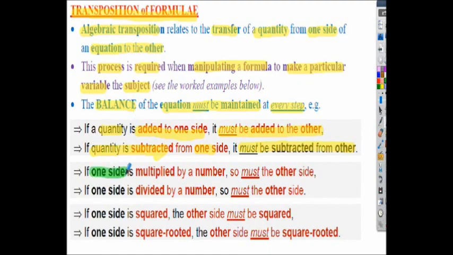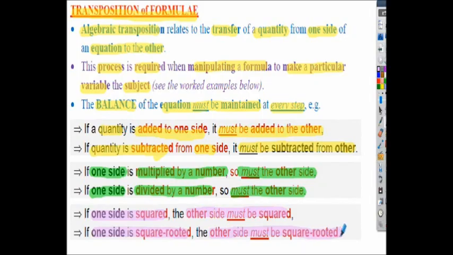If one side of the equation is multiplied by a number, so must the other side be multiplied by the same number. If one side of the equation is divided by a number, then so must the other side. If one side of the equation is squared, then we must square the other side of the equation. If one side of the equation is square rooted, then we must square root the other side of the equation. So this principle of balance must be maintained throughout our transposition process.